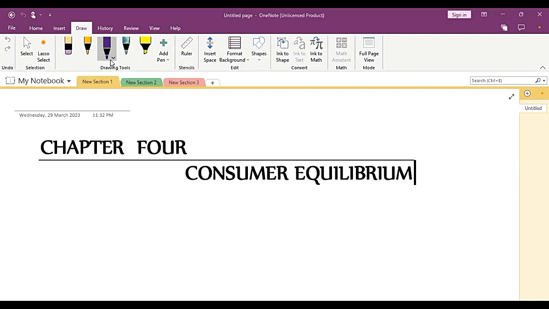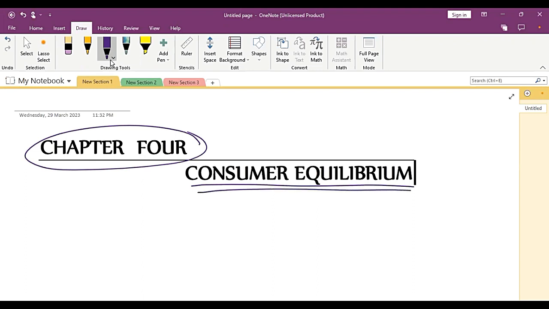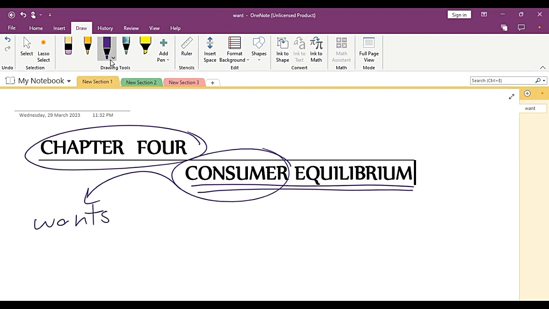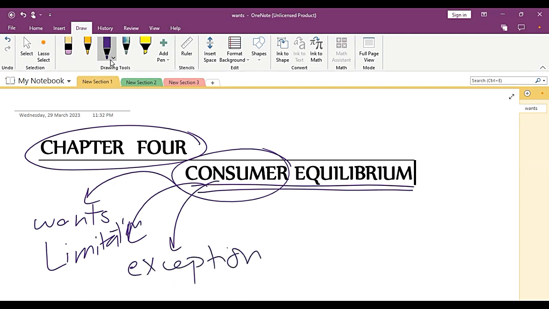Today we are present in our next economics class, in which we are going to start our fourth chapter of economics that relates to consumer equilibrium. Its name shows that it is entirely based on the need of the consumer. What the consumer wants, what are its limitations, what are the exceptions to the general rules that apply to a customer?